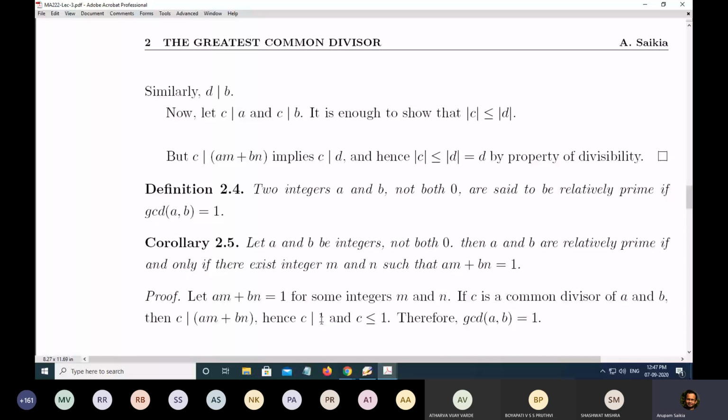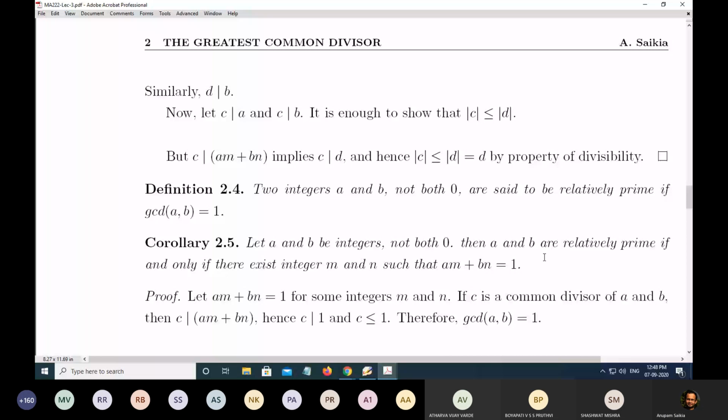So any common divisor of A and B is less than or equal to 1. That makes GCD 1. It's quite trivial, though useful, and this notion in general, also in other rings, we will see later.